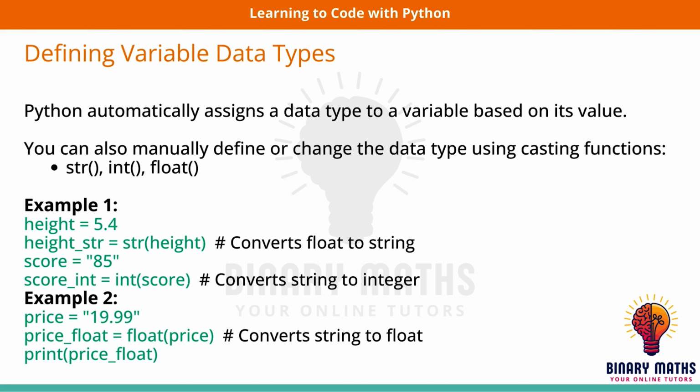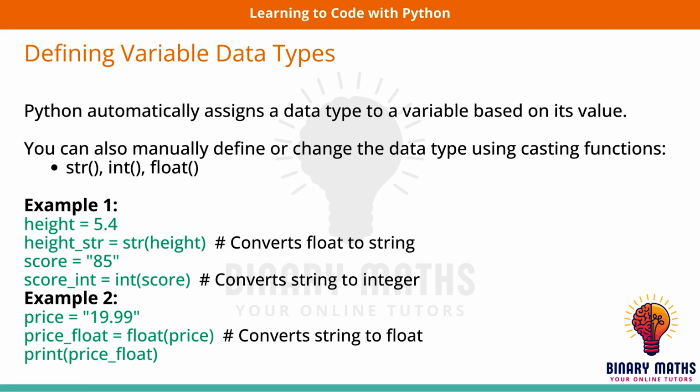Python automatically assigns a data type to a variable based on its value. However, we can manually define or change the data type using something called casting functions, like str, opening our brackets, indicating that it's a string, int, opening and closing our brackets to indicate that's an integer, and float, again opening and closing our brackets to indicate it's a decimal number.